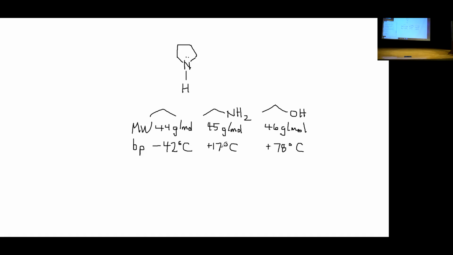So, by changing a carbon to a nitrogen, you go up, or what are we going to call that? 42 and 17. Let's call that a temperature increase of 60 degrees in the boiling point, and then you win an additional 60 degrees going from the amine to the alcohol.